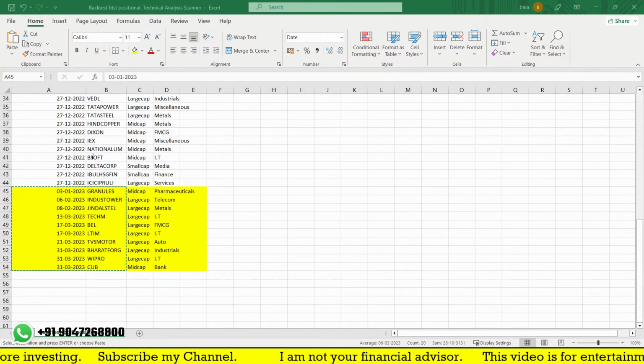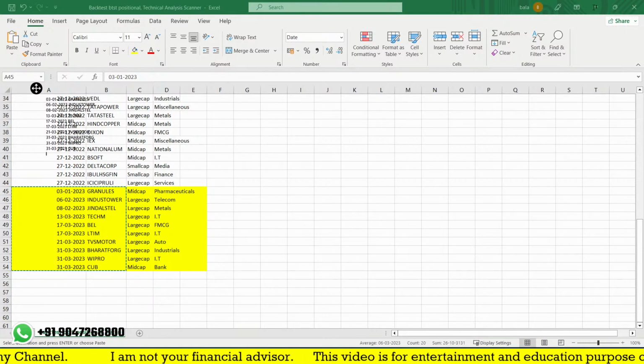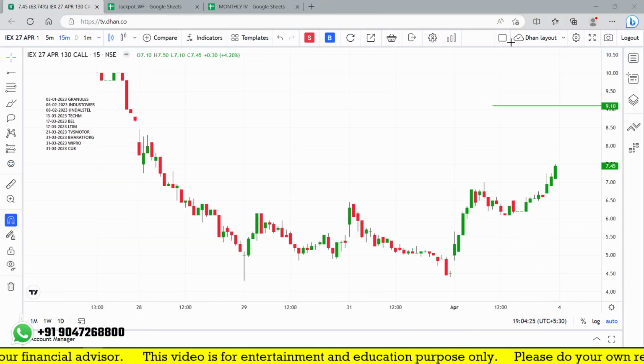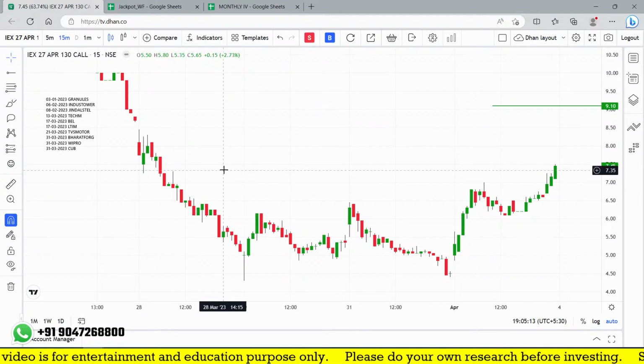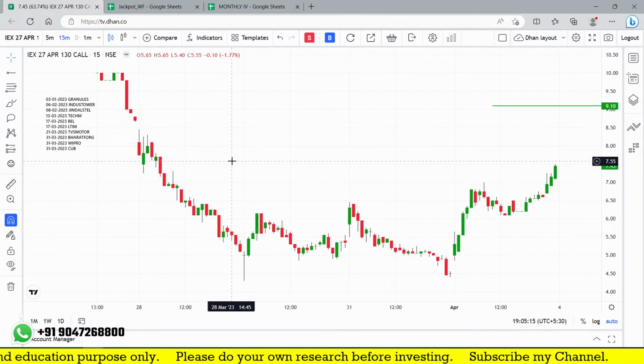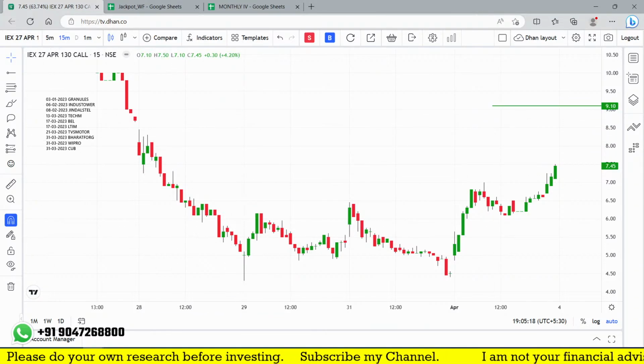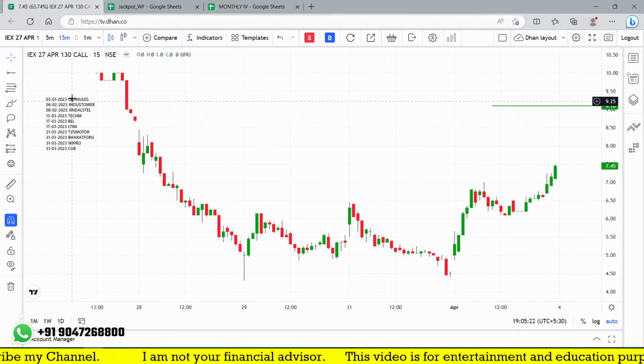So these are all the stocks. Date-wise, I'm going to focus on the daily time frame. So Granules here, I'm going to make it a little bolder.